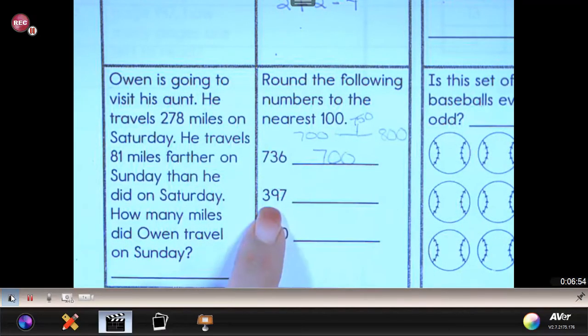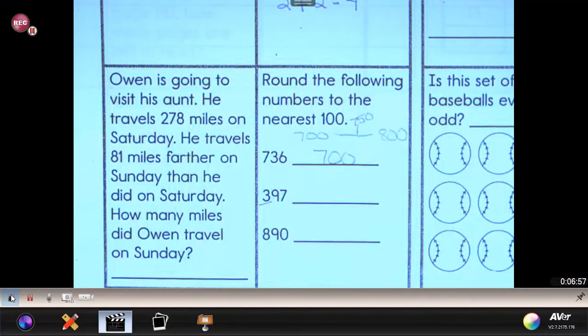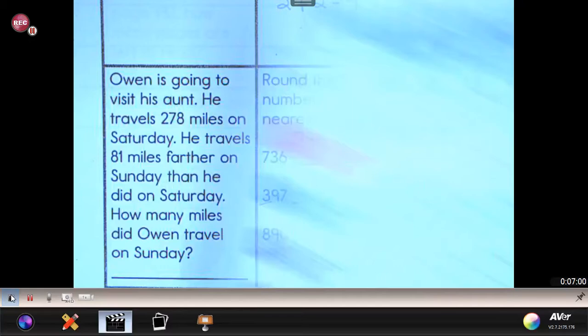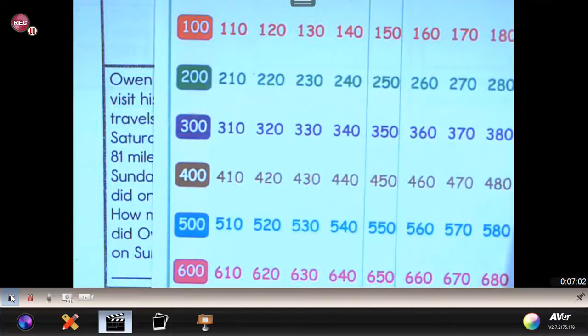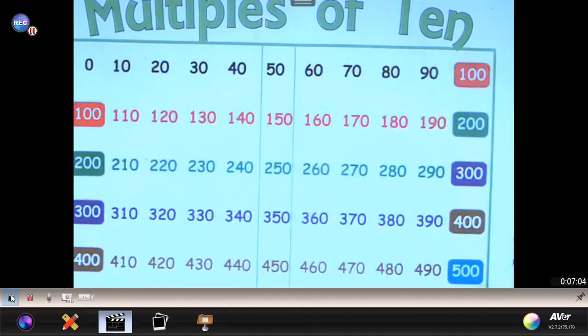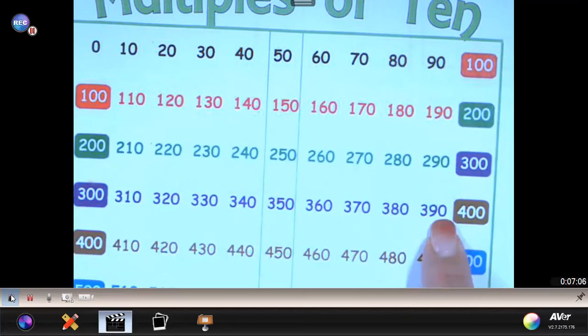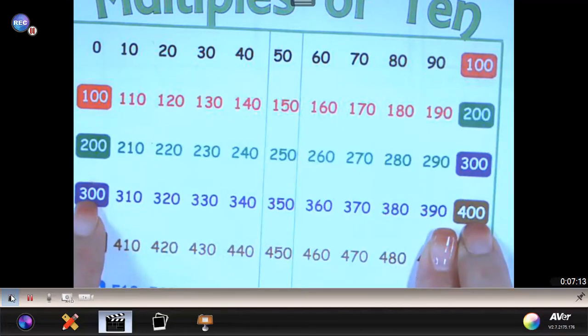397, again, we look at the hundreds place. There's a 300. Again, if we look at our chart, 397 would be right about here in our multiples of 10 chart. It's between 300 and 400.